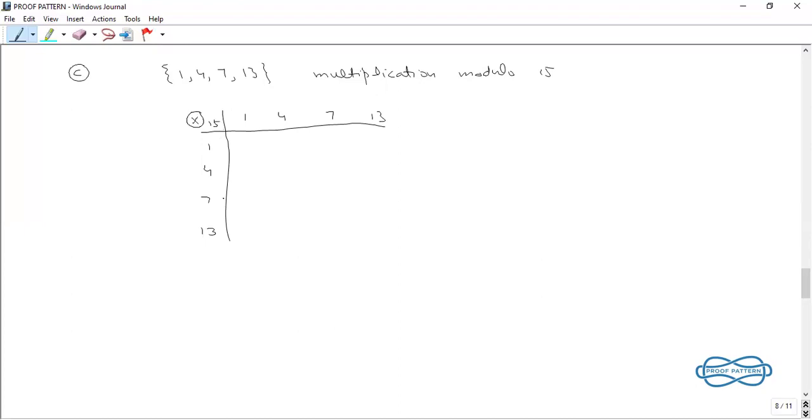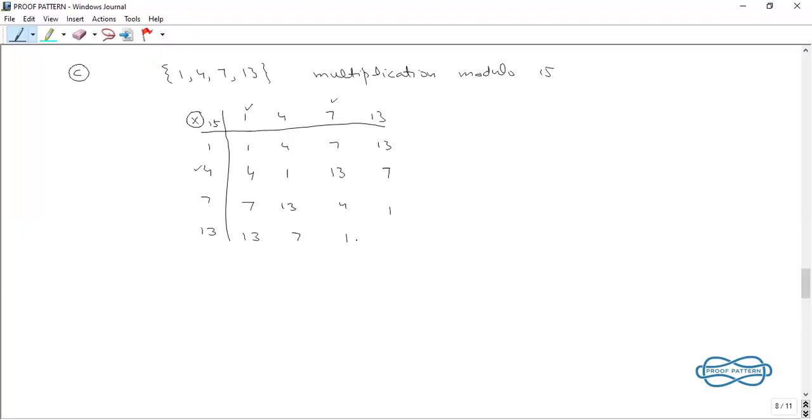When we multiply 1 with 1, it will be the same, and similarly 1 with all these elements will give the same. But when we multiply 4 with 4, we will get 16, but under modulo 15, it will be 1. Similarly, when we multiply 4 with 7, we will get 28, but that will be 13 modulo 15. And we can fill the rest of the table in the same way.